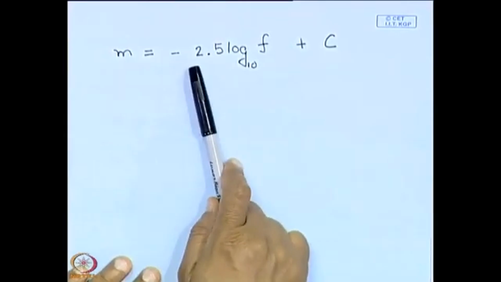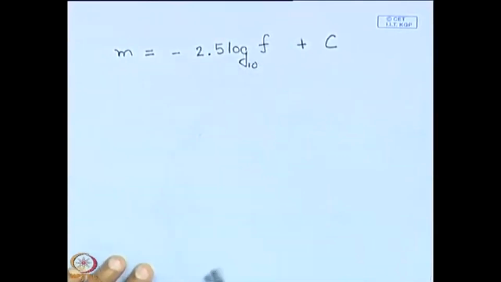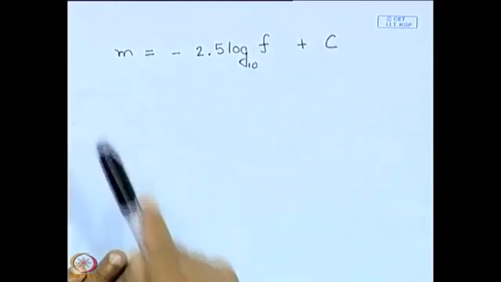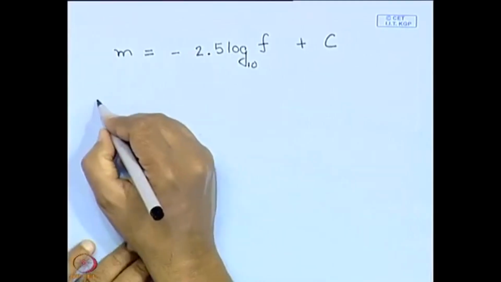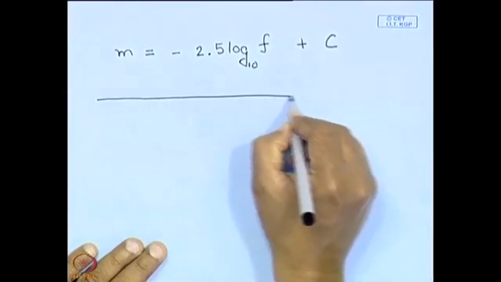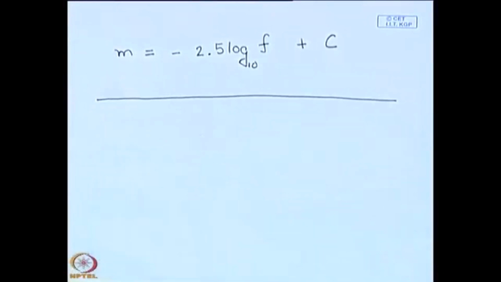The constant sets the 0 point of the magnitude scale. Right. So this is the definition of the apparent magnitude. Let us just try to get an appreciation for what it tells us. The first point that you have to note is the larger the magnitude, the fainter the star is.